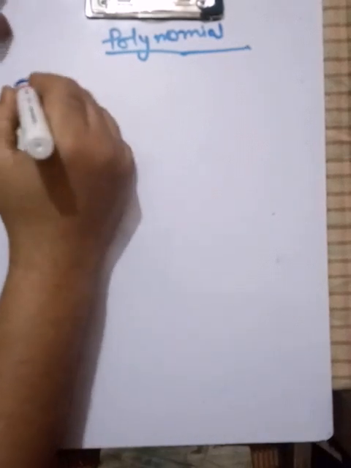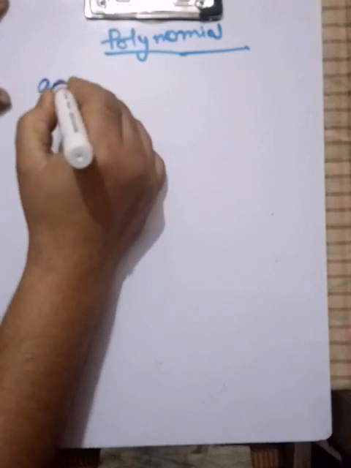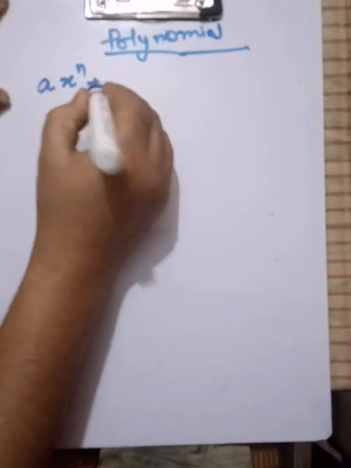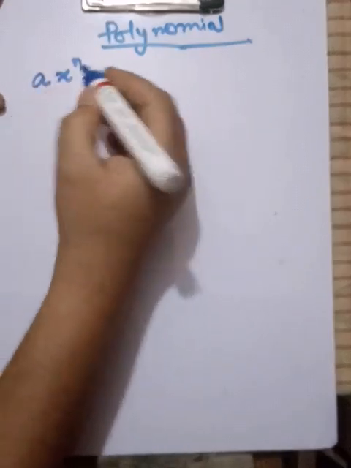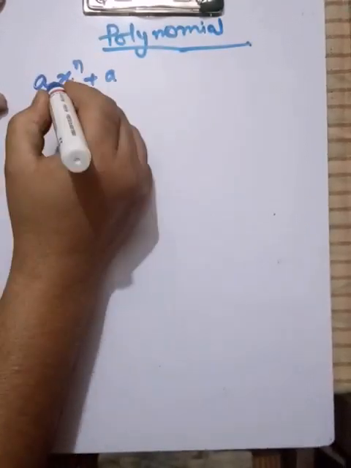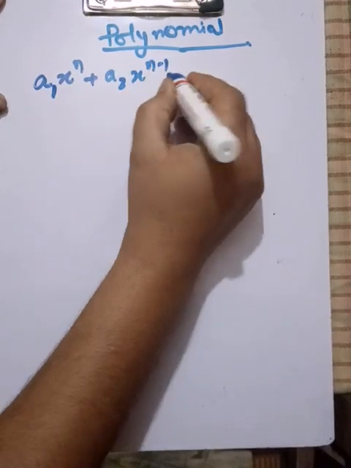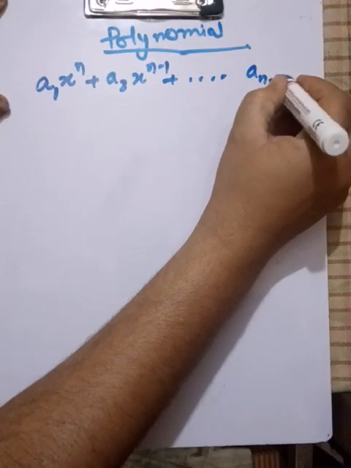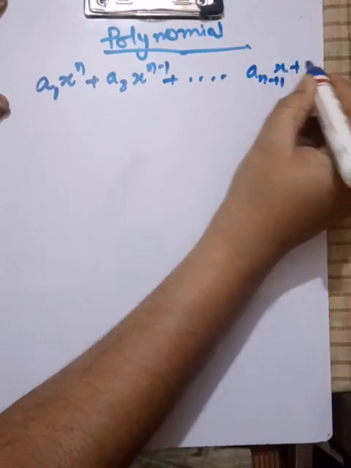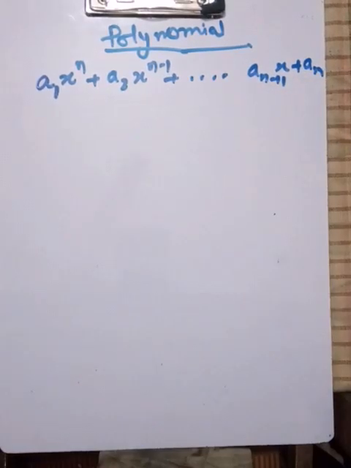An expression in the form of a0 x to the power n, a1 x to the power n minus 1, in this way till a(n minus 1) x plus an.